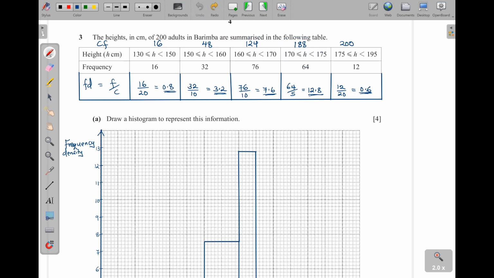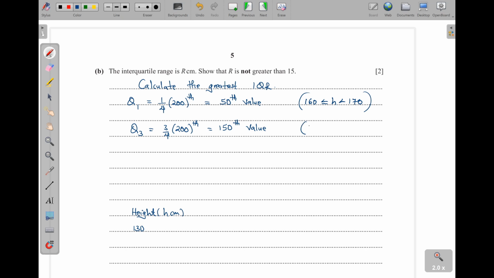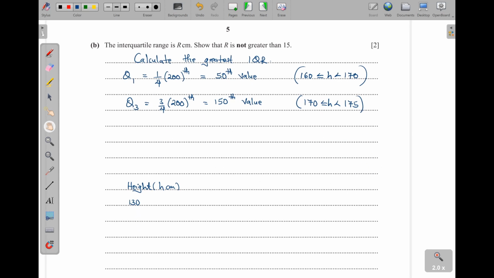So we shall take 170 to 175. So the class here is 170 to 175. Now, what do we need to find here? The greatest IQR. So I can just say IQR max. Since it is supposed to be Q3 minus Q1, okay?